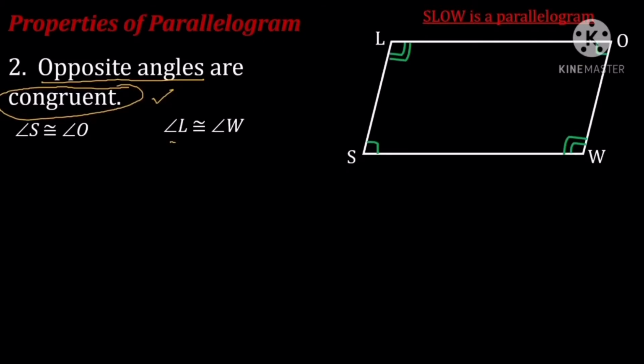So, let's use the pair angle L and angle W. So, if the measurement of angle L is 72 degrees, yung katapat niya, which is angle W, since they are congruent, magkakaroon din siya ng 72 degrees as its measurement.